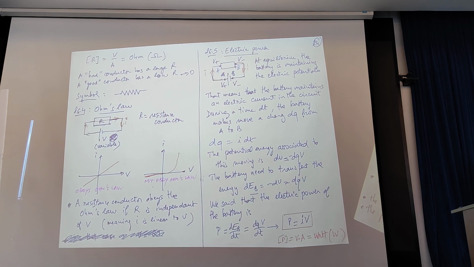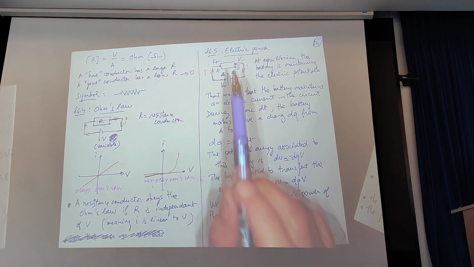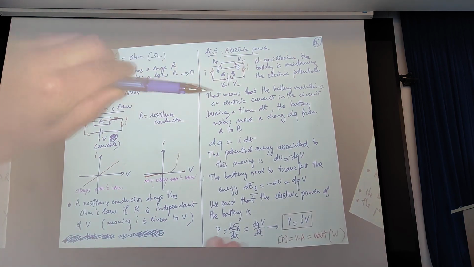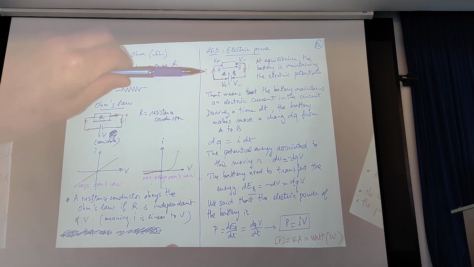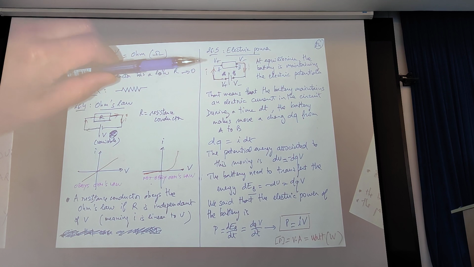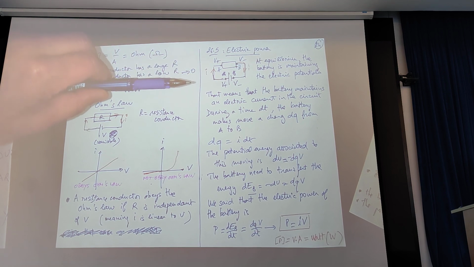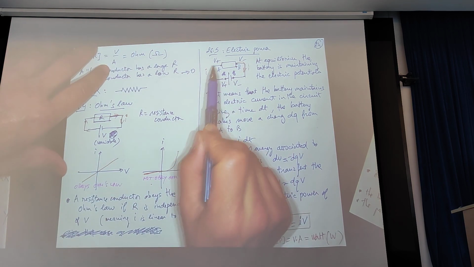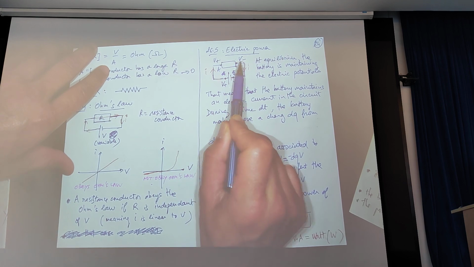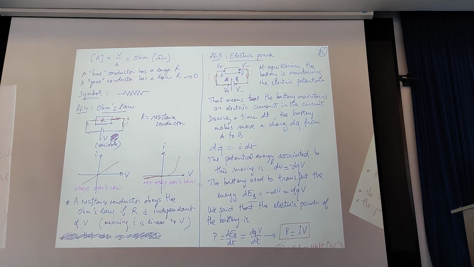Okay, I'll repeat. When you have this kind of circuit, the role of the battery, the function of the battery, is to add charge on one side and to take charge on the other side. And to do it, the battery needs to spend some energy.